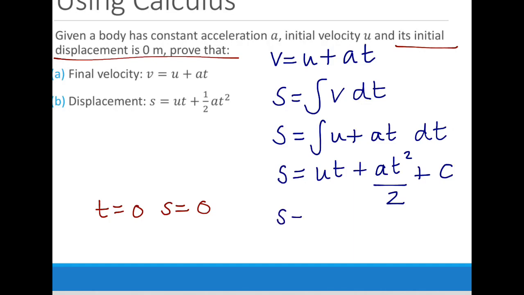S equals, let's erase that, because I know that my displacement, s, is 0. And here, ut, well, t is 0, so that's 0, plus at squared, well, t is 0, so 0 squared is still 0, plus c. So what does that tell me c is? C is equal to 0.